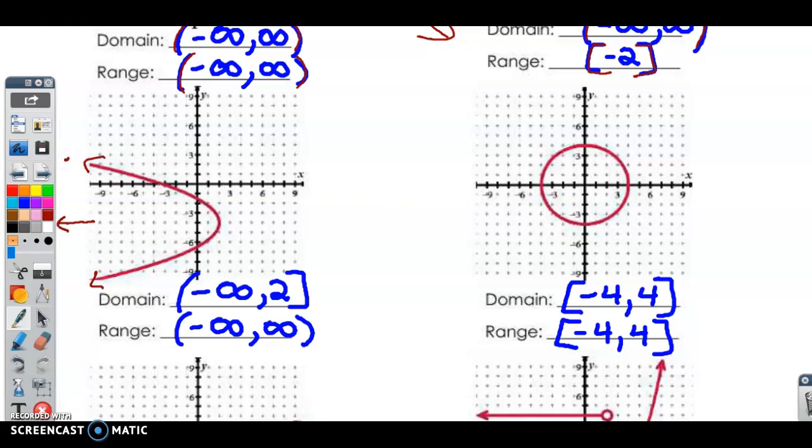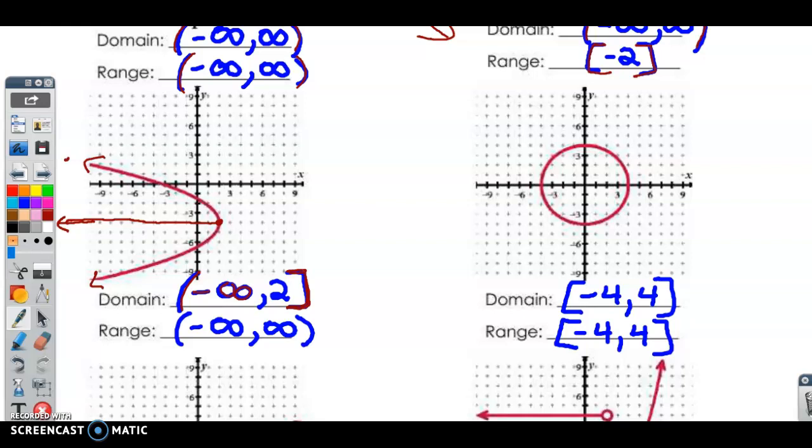So negative infinity is our lowest x value. But now, as we go to the right, the highest x value on our graph is 2, and 2 is on our graph. So the way we show people that it's included in our graph is we put a solid or hard bracket there.